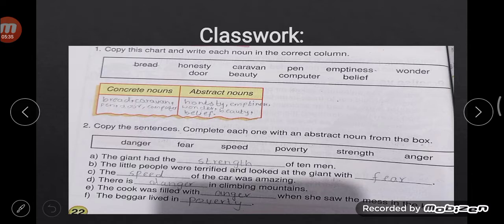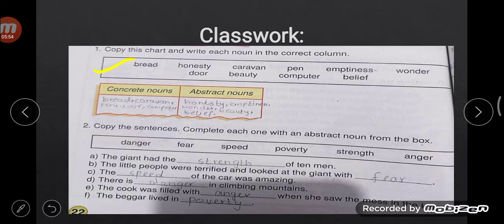Two columns have been given to you: concrete nouns and abstract nouns. You will pick the words and write them in the relevant column, whether the word is a concrete noun or an abstract noun.